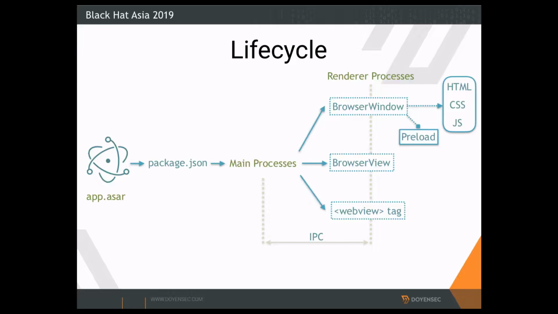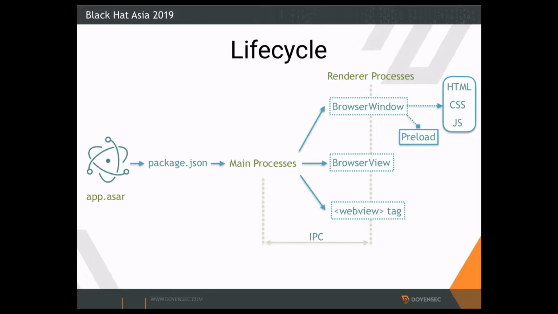And with today's releases of Electron, there are 3 ways of creating a render process. The most common one is the BrowserWindow. BrowserView is a recently introduced object that is equivalent to what used to be the webview tag. The webview tag is a custom HTML tag that is understood when you run some content inside an Electron context.